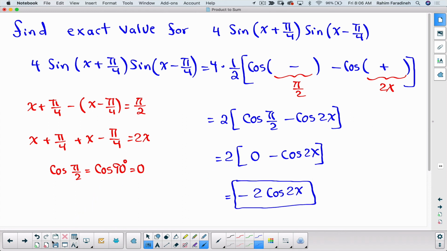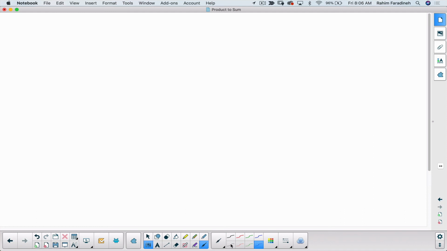Now one more example. This time we want to evaluate cosine of 5 pi over 12 times cosine of pi over 12.